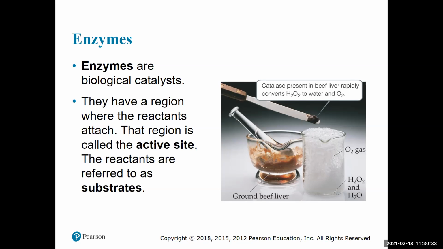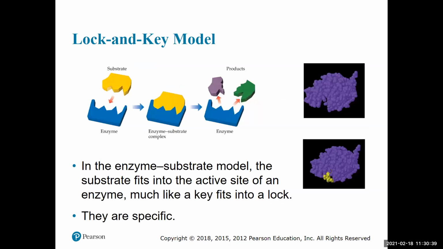And so you have that active site on the enzyme, you have the reactants or substrates that have to match up. And there has to be a physical matching. For years, people have described it as a lock and key model. Just as the key you put into a lock has to have the exact right ridges and cuts in order to lock or unlock it, it's the same with this.